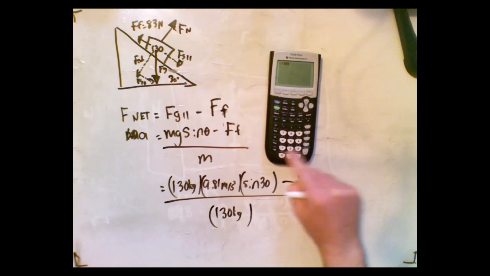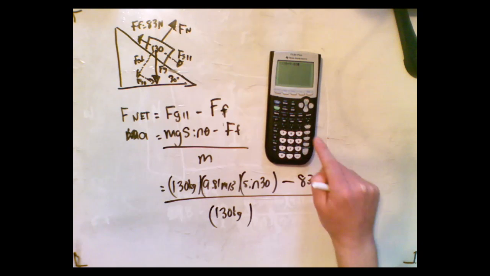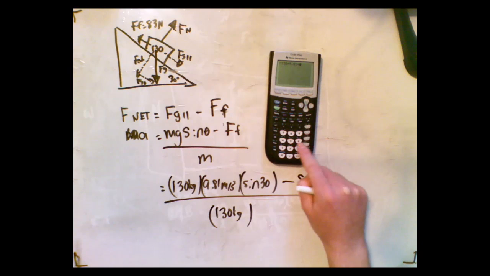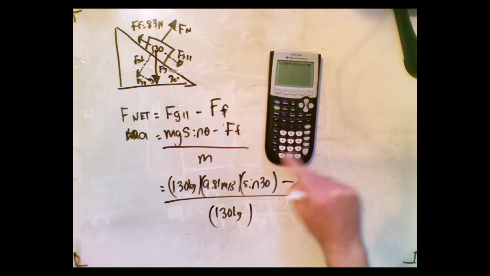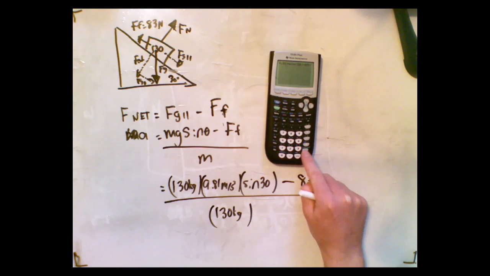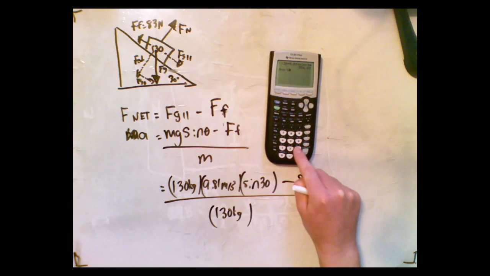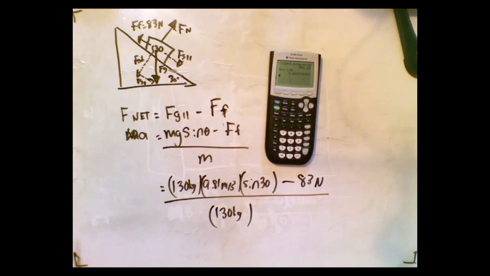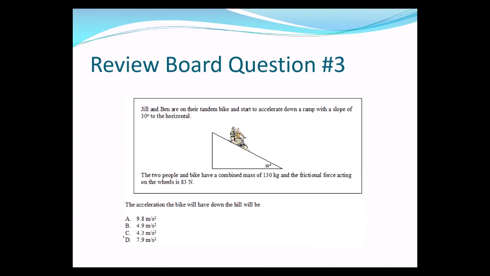So 130 times 9.81 times sine of 30, all in brackets, minus 83, that's my top, all divided by 130, and I get, to 2 sig digs, 4.3, so that means that C is the correct answer for this one.